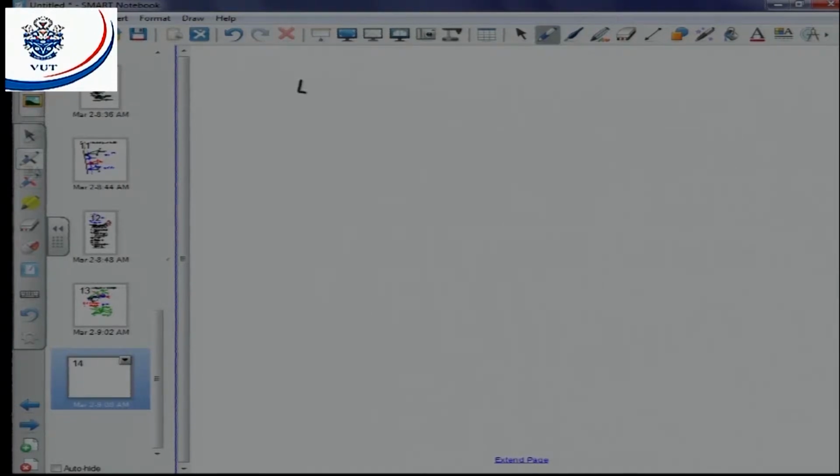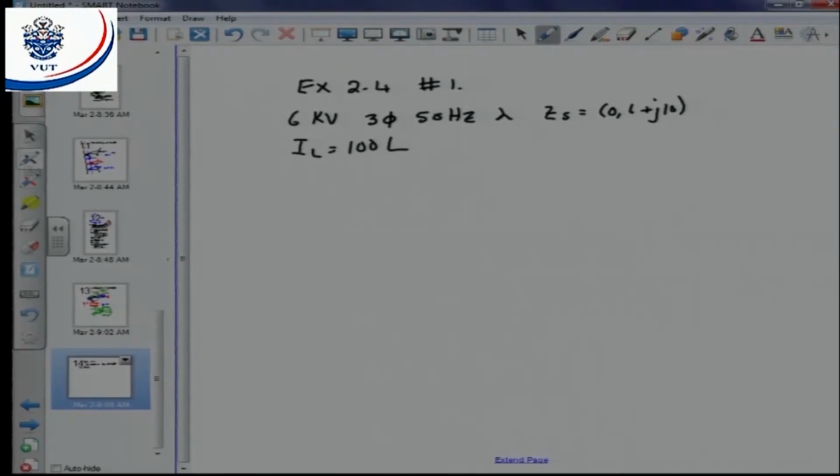If we look at exercise 2.4 number 1, where we have a 6 kilovolt 3-phase 50 Hz star connected alternator with a synchronous impedance of 0.6 plus j10, and it supplies 100 amp at unity power factor.